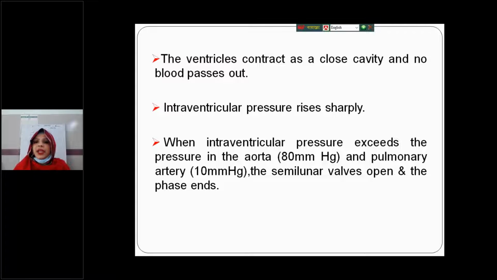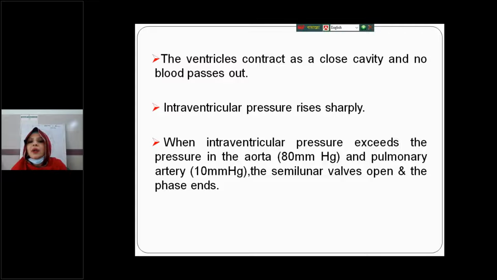When intraventricular pressure exceeds the pressure in the aorta, that is 80 millimeter of mercury, we already mentioned the pressure in the aorta during diastole is 80 millimeter of mercury. When left ventricular pressure exceeds the pressure in the aorta, that is 80 millimeter of mercury, and right ventricular pressure exceeds the pressure in the pulmonary artery, that is 10 millimeter of mercury, the semilunar valve opens and the phase ends. Whenever the semilunar valve opens, blood goes from the right ventricle towards the pulmonary artery, and from the left ventricle towards the aorta.